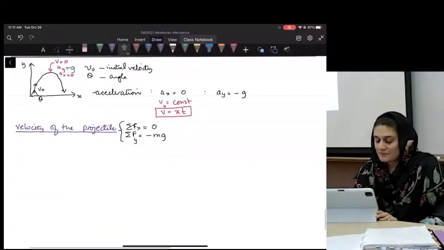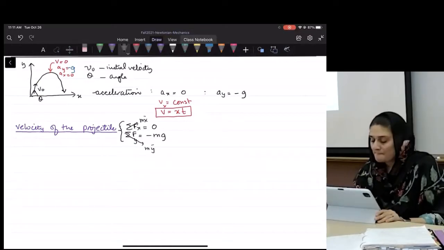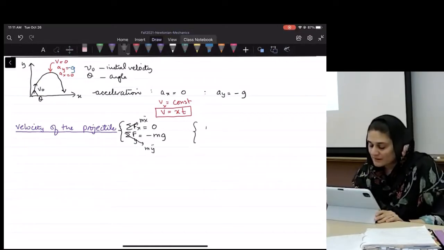Is this equal to m x double dot? And does this equal m y double dot? We just did that, right? So this means I can write m x double dot equals 0 and m y double dot equals minus mg.